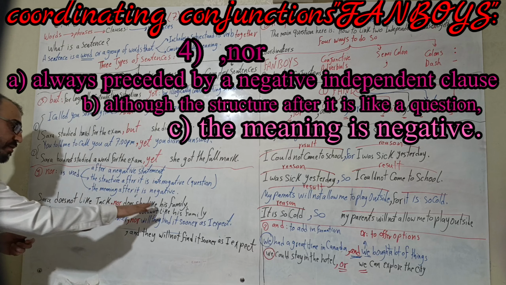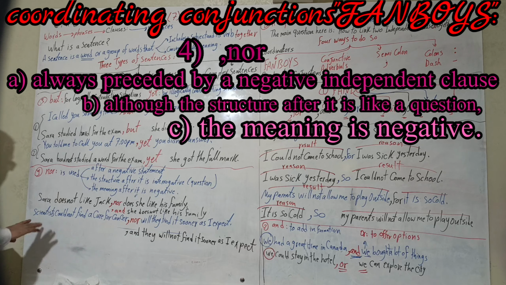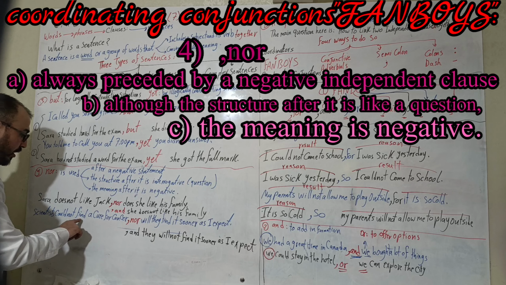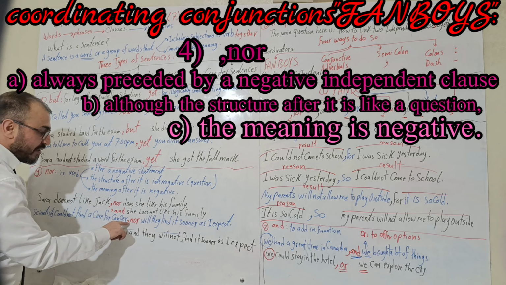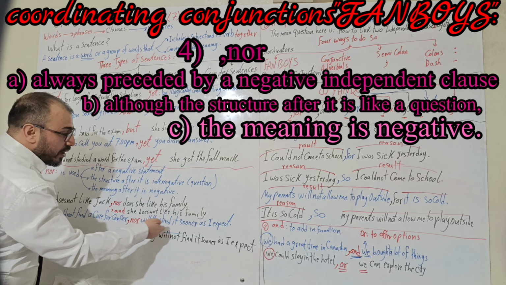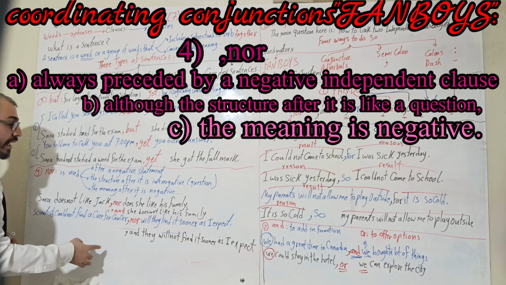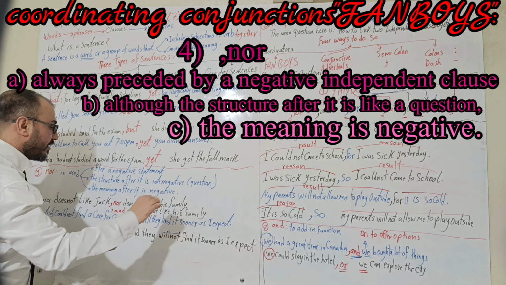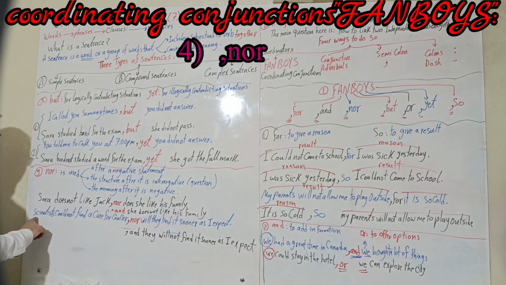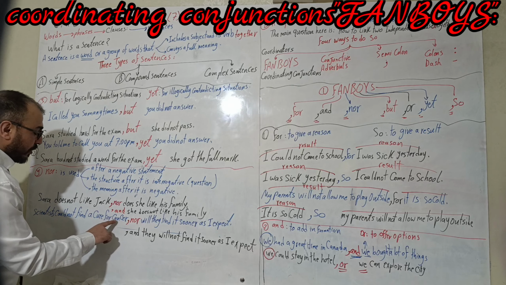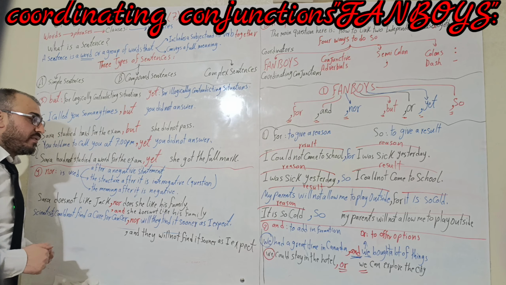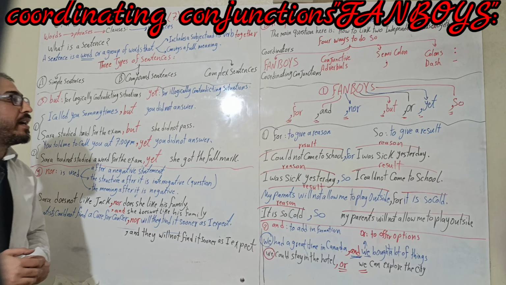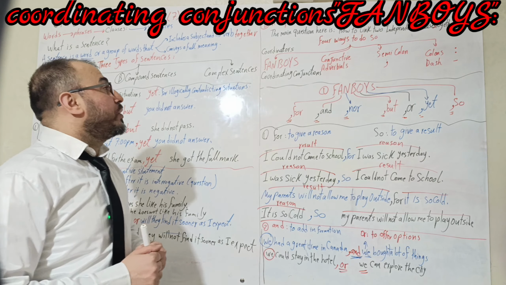So both structures, my friends, are accepted. To say scientists couldn't find a cure for cancer, nor will they. Here, the interrogative structure, but again, my friends, it refers to a negative meaning. Or I can say scientists couldn't find a cure for cancer, and they will not find it sooner as I expect. That's it for today, my friends.